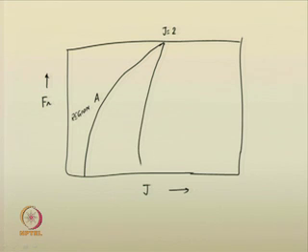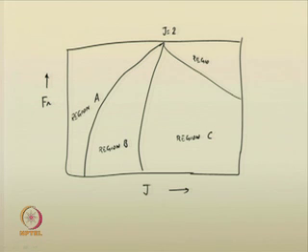Another region he identified is region B of the flow profile. Then a third region was suggested, region C, and this is region D. Like these, 4 regions were identified for spatially varied flow. So, your spatially varied flow can occur in any of these regions: region A, region B, region C, or region D.